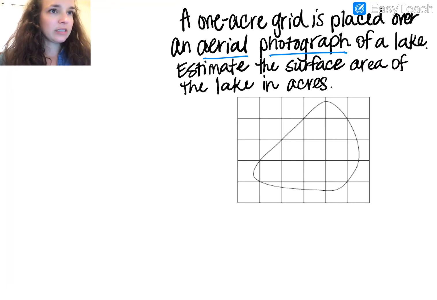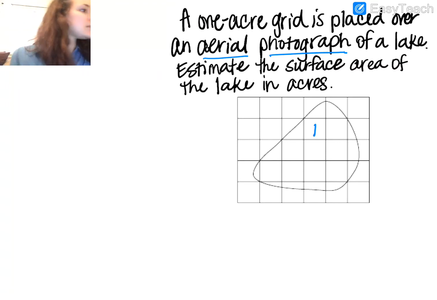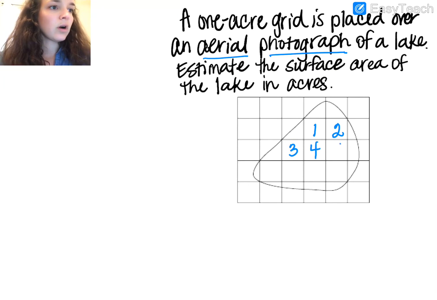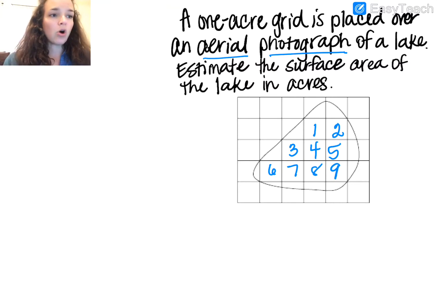So we'll say this is 1, this is 2, this is 3, 4, 5, 6, 7, 8, 9. So those are all the whole acres that are inside of the lake, okay?